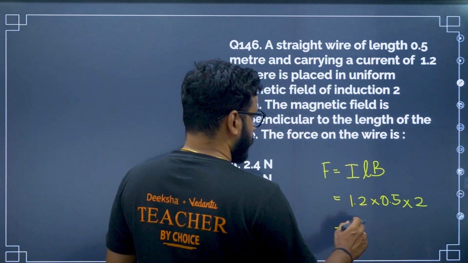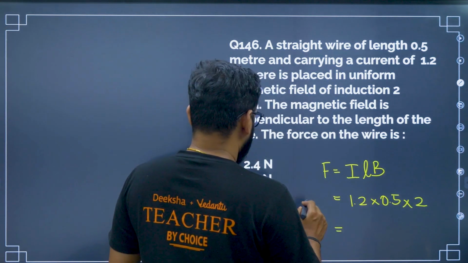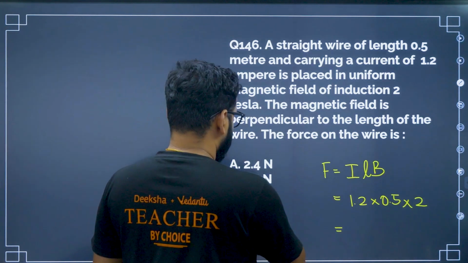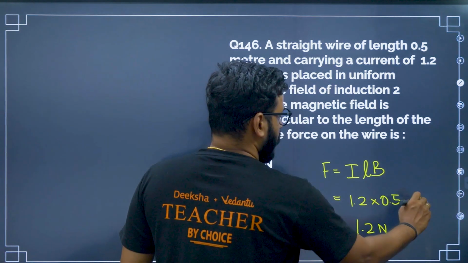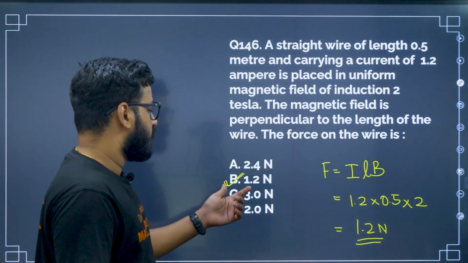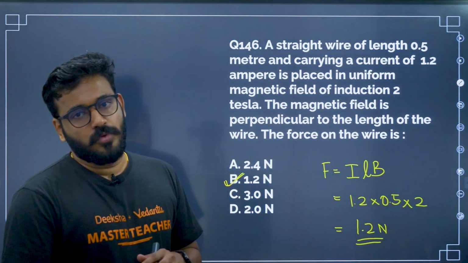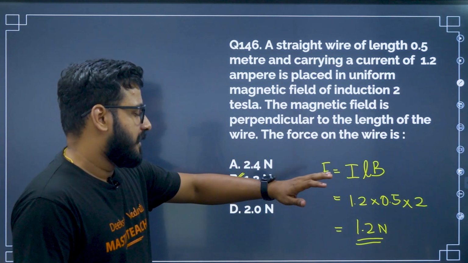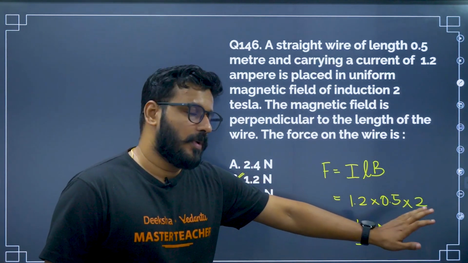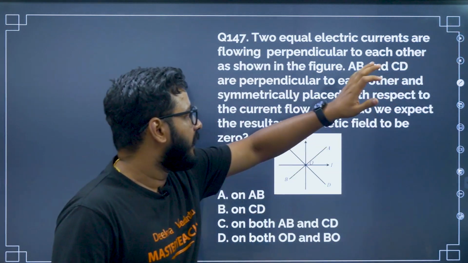Now this is not a big calculation because 0.5 into 2 becomes 1. So the correct answer is 1.2 Newton. Very simple, straightforward question. It's just formula based. If you apply the formula itself, you will get it, no doubt.